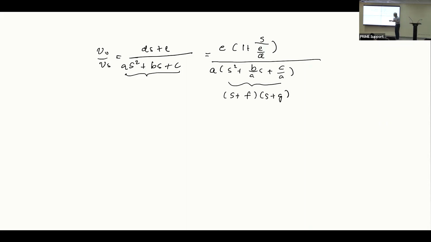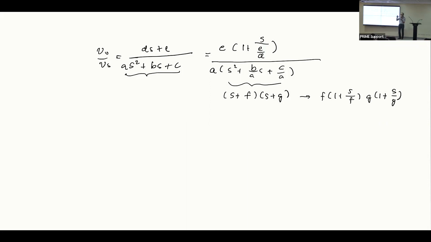Right? And then if you put this in standard form, it is going to be F 1 plus S over F, and then G 1 plus S over G. So you'll see our pole frequencies.